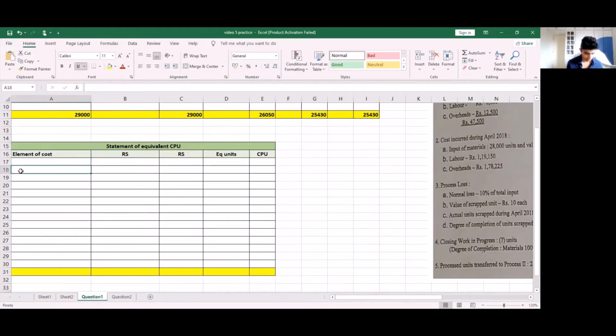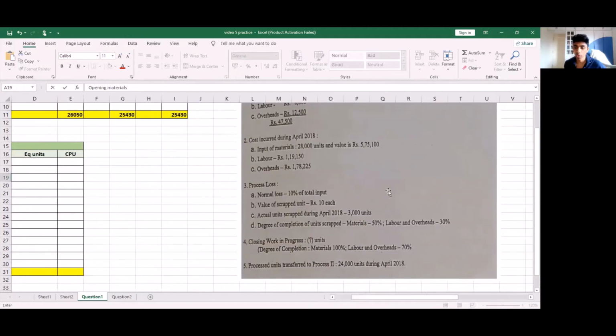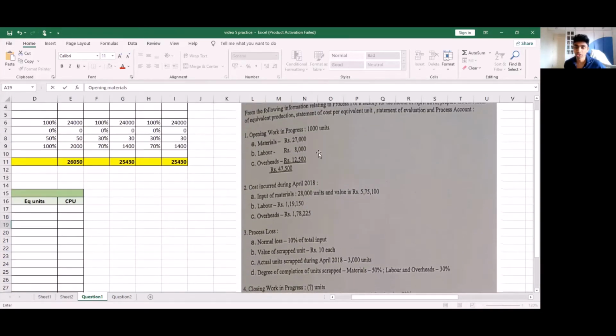So first we write materials, and the extra step will be our opening materials. Here we add opening work in progress cost in our statement of equivalent cost per unit. So along with the material cost of 5,75,100, we also have to take into consideration the material cost for our opening work in progress. So our opening materials will be 27,000.